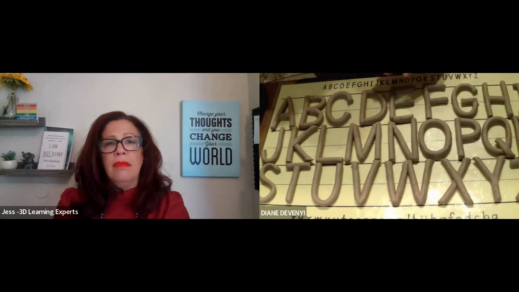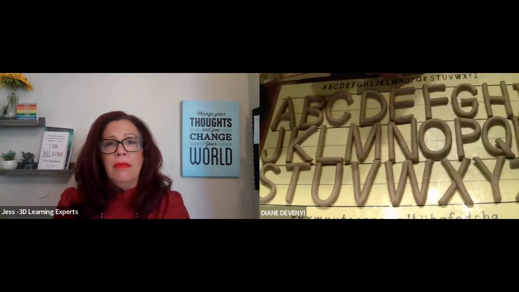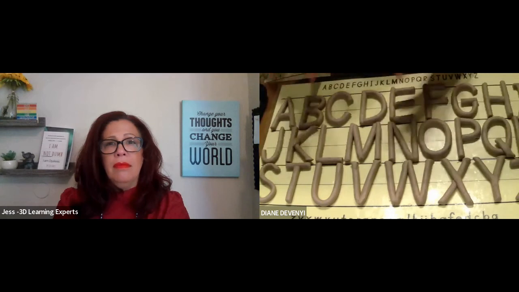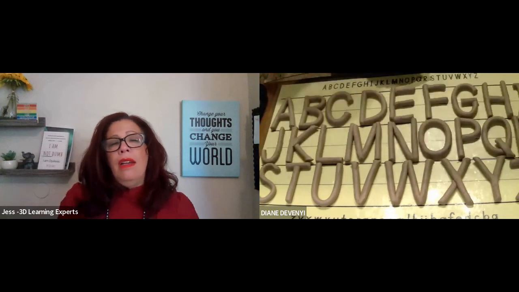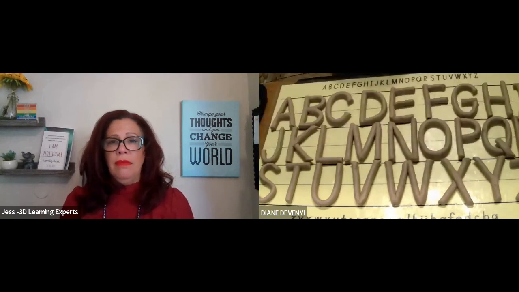Then the next day we'll do all the games of mastering and learning the letters, and then we'll move on to the lowercase. That takes much less time. You can make your lowercase probably in about an hour, and then you've already done mastery games. So that's the way it tends to go.